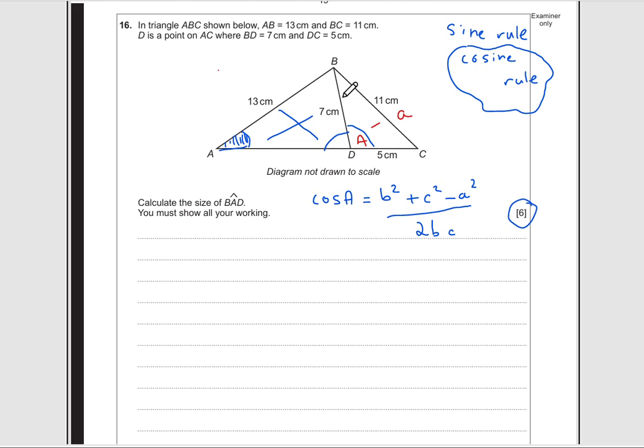This 7 and this 5, it doesn't matter which is b and which is c, as they have the same role. So let's pop the values in: 7 squared plus 5 squared minus 11 squared divided by 2 times 5 times 7.